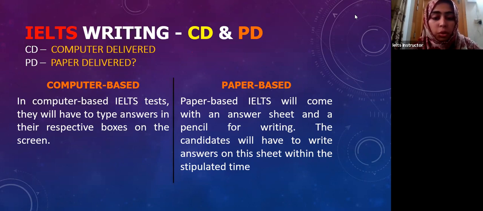If you are more comfortable giving the exam on computer, you should choose computer based, and if you have a good writing speed on paper, then you should choose paper based. Okay, but comparatively, most of the students choose computer based because their typing speed is a bit more than their writing speed. So there is no basic difference in the structure of the test. The only difference is the medium you are giving the test in. All right.